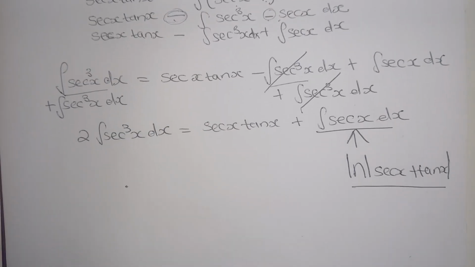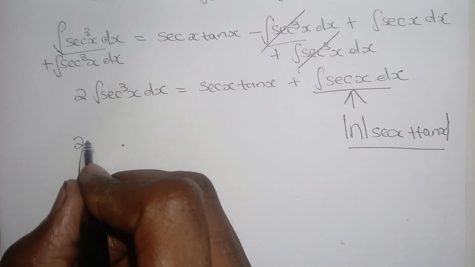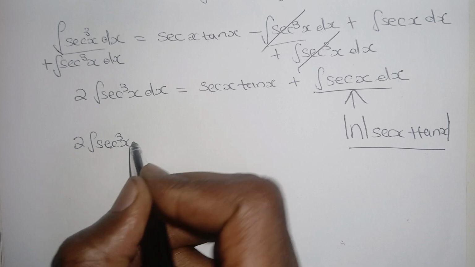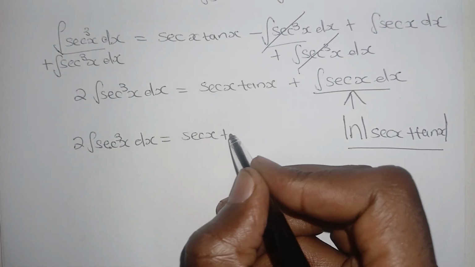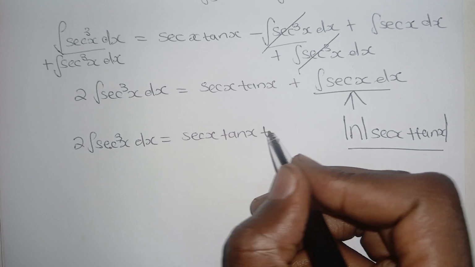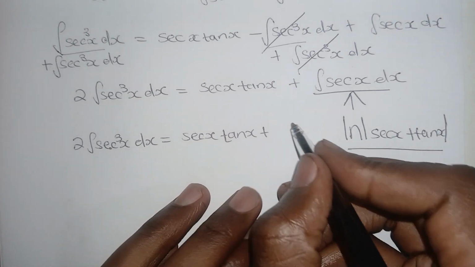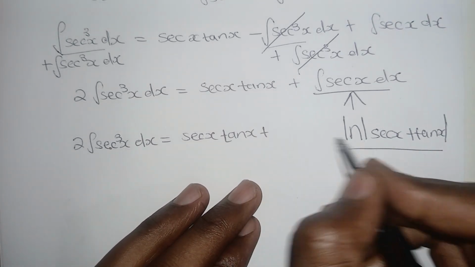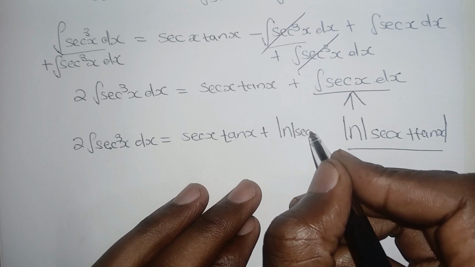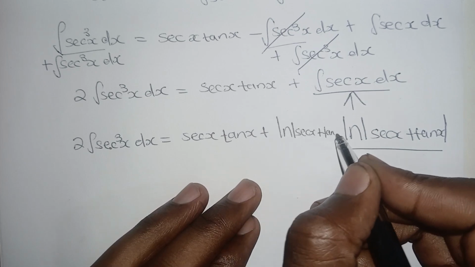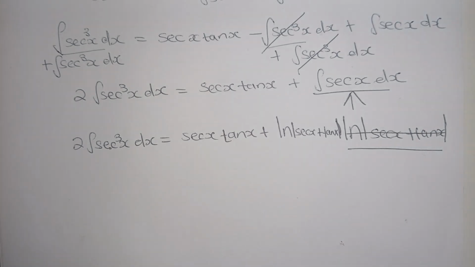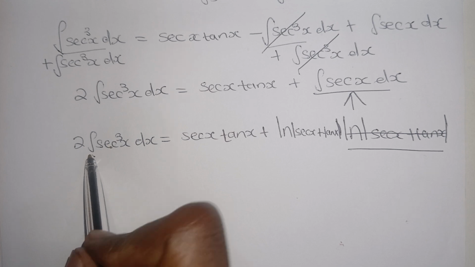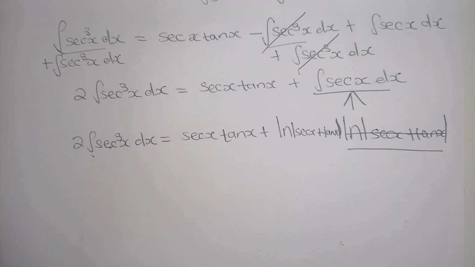Right, now that means we have 2 times the integral of sec cube dx is equal to sec x tan x, then we are adding the ln of sec x plus tan x. So we then have to solve for the integral of sec cube x, right?